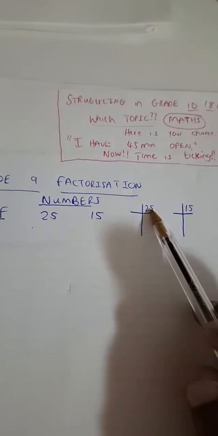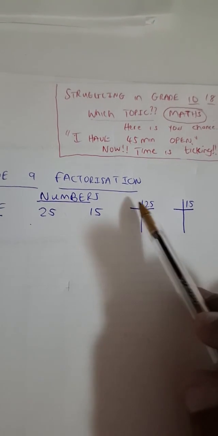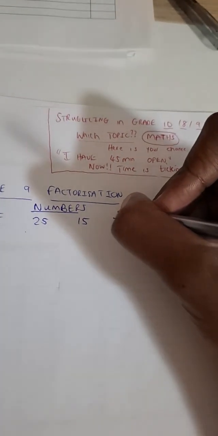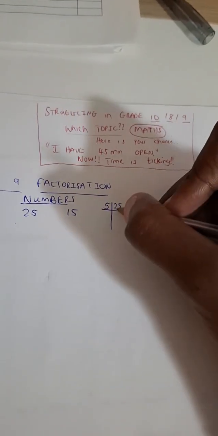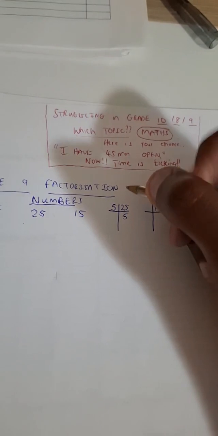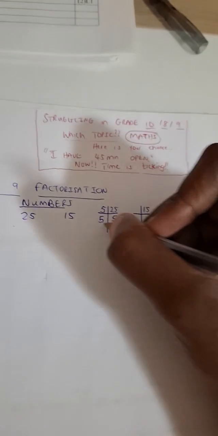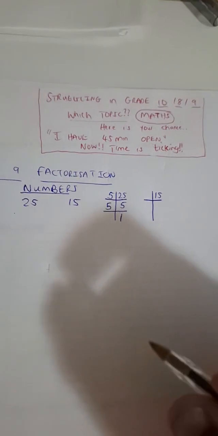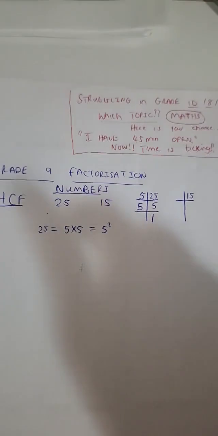What is the lowest prime number that goes into 25? It is 5. How many times does 5 go into 25? 5 times. Then what is the lowest prime number that goes into this 5? It is 5, once. So the product of prime factors for 25 is 5 times 5, which is 5 squared.